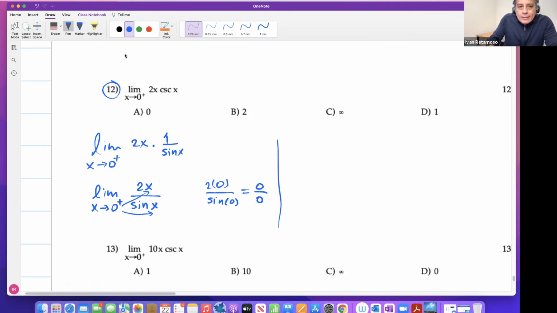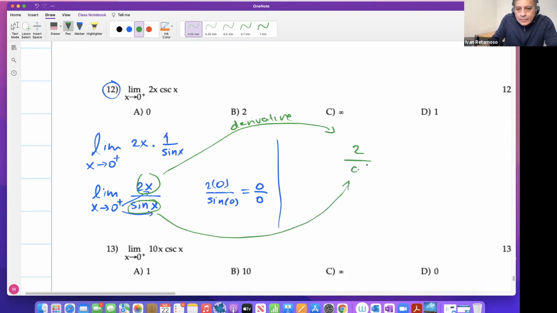So taking the derivative of this guy, the derivative of 2x is just 2, derivative of sine is cosine of x, and you have to take the limit of this as x approaches 0 from the right.